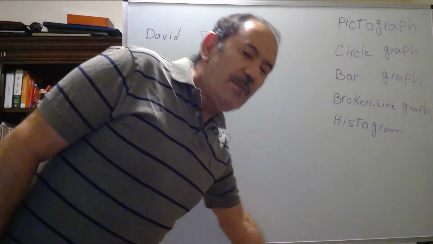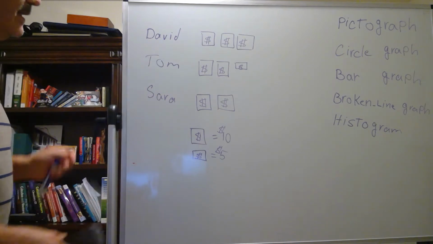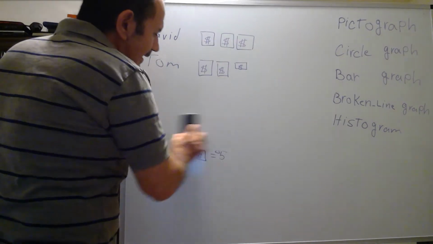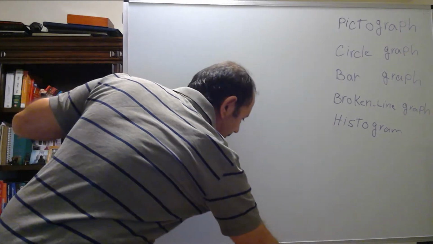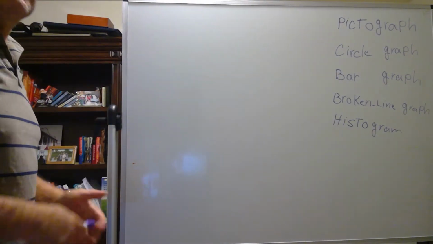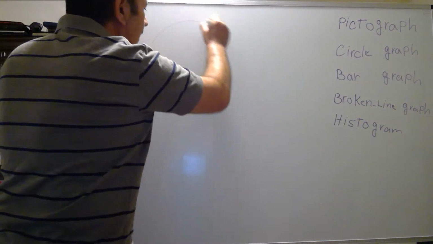The second type of graph that we use to show the information is the circle graph. In the circle graph, we use a circle to show the information. As an example, look at this circle.